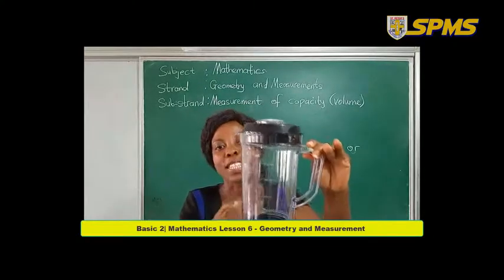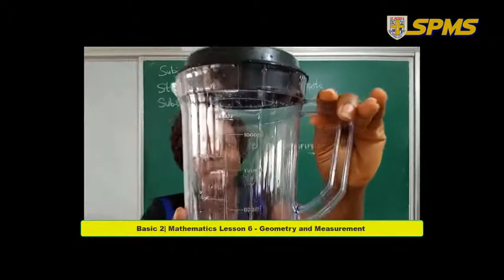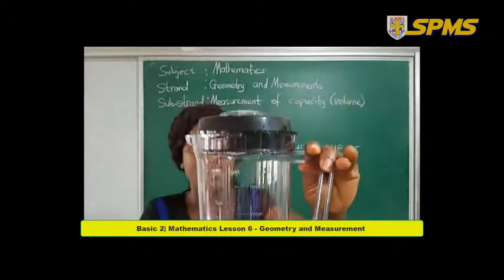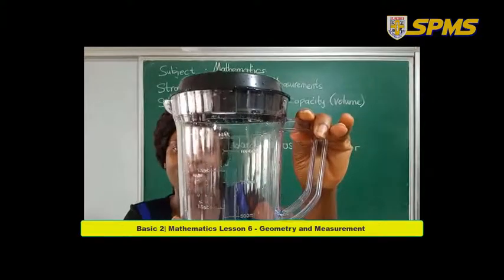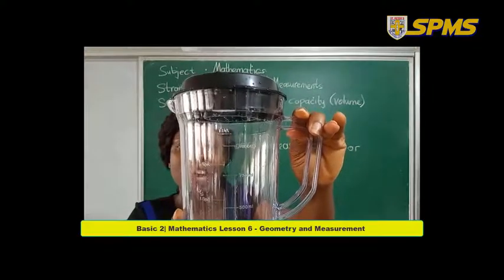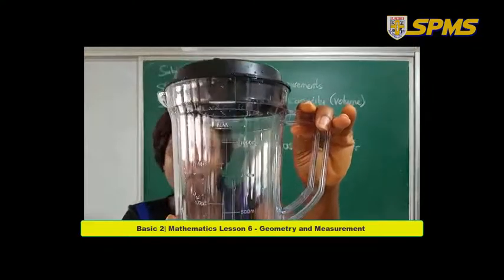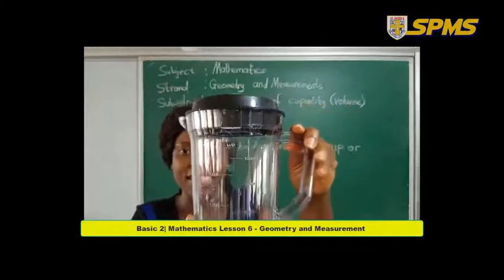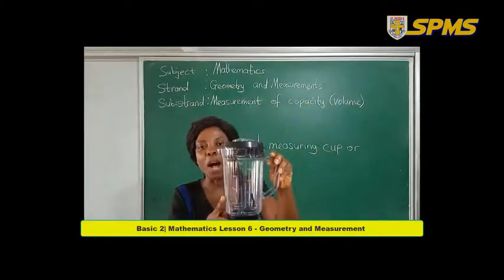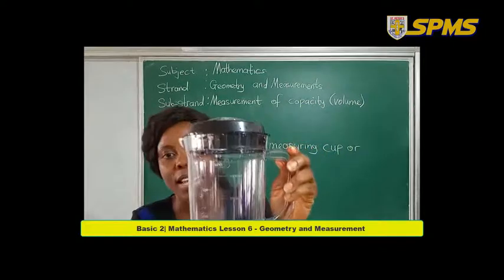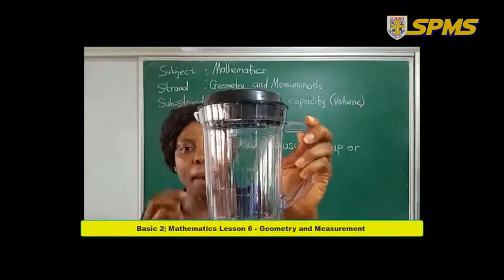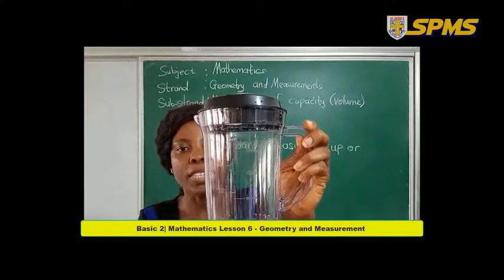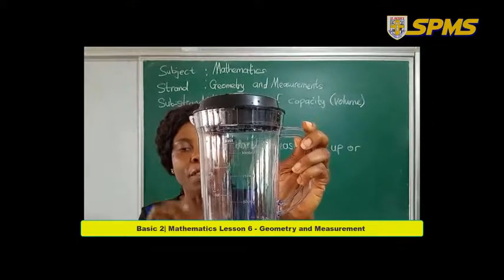Take a good look at it. What do you see on the jug? You can see numbers marked. Yes, this is the standard cup that I'm talking about. It has been marked with the amount of capacity in which a liquid can be filled.